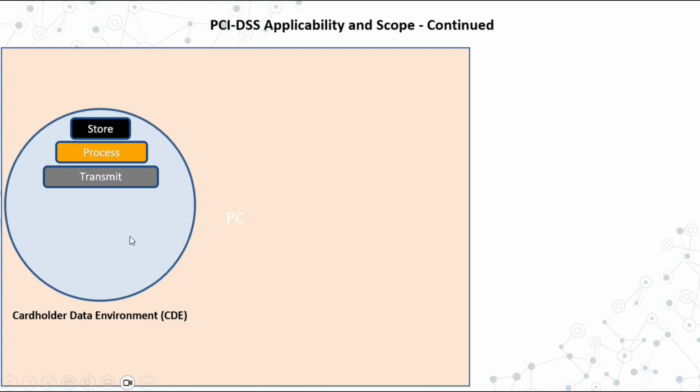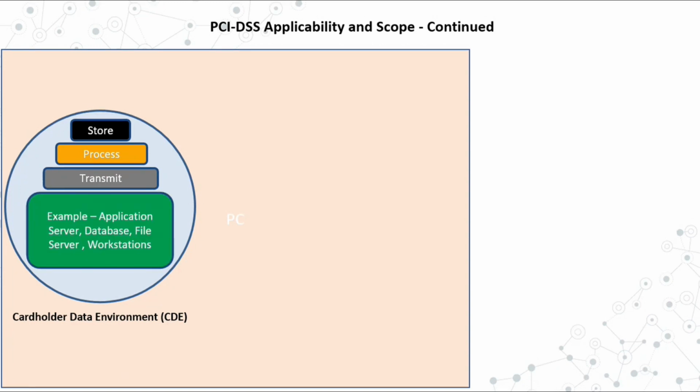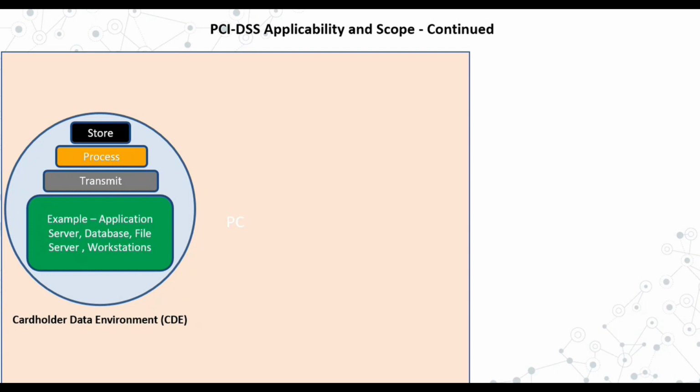So in a normal situation, where do we store the data normally? It could be on an application server, in some file where you store the data, or on the databases, or on the file server, or on the workstation. Let's say you downloaded a report in Excel format which has the full card number, and you are storing it on your workstation.